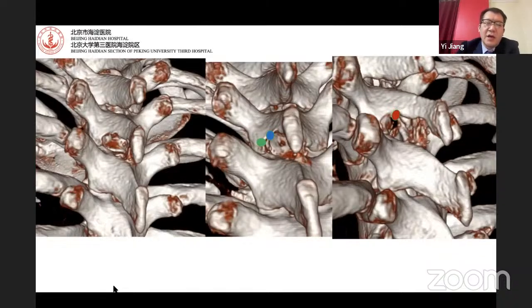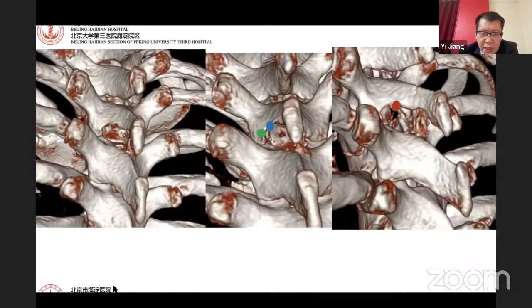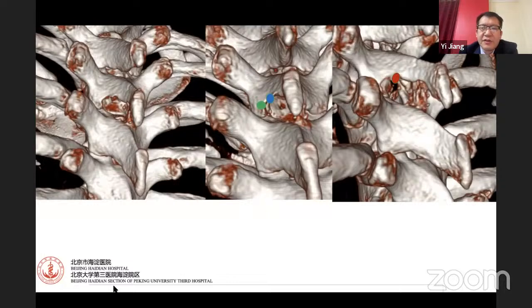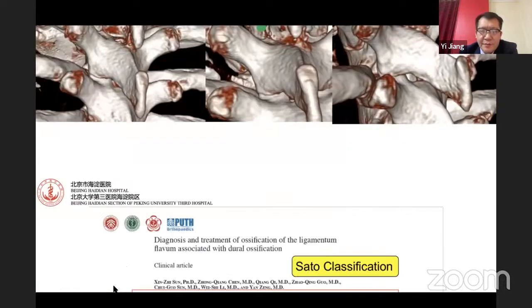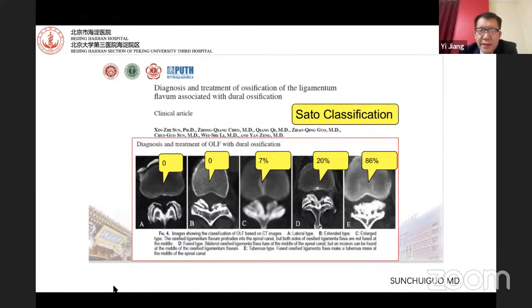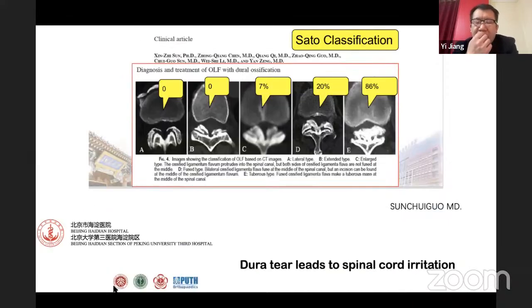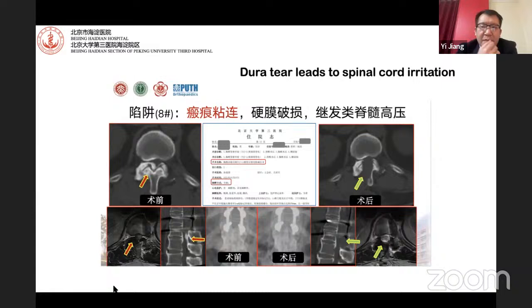When the OLF is combined with dural ossification, it is very dangerous in this procedure. This case came from my colleague, my workmate. This is a severe OLF combined with dural ossification. We did the endoscopic posterior decompression procedure, but there were dural tears.